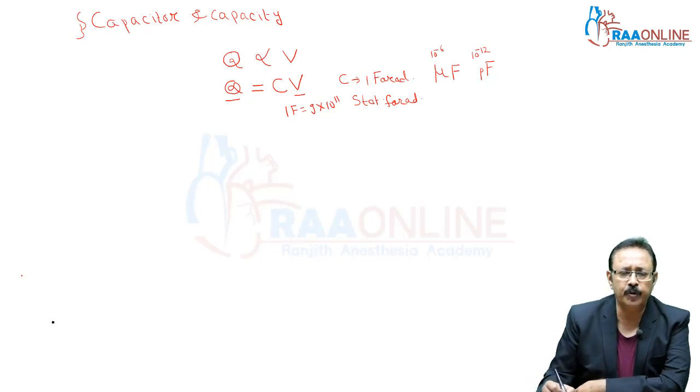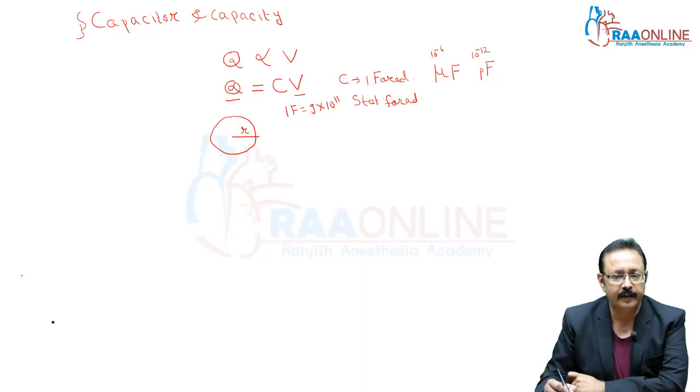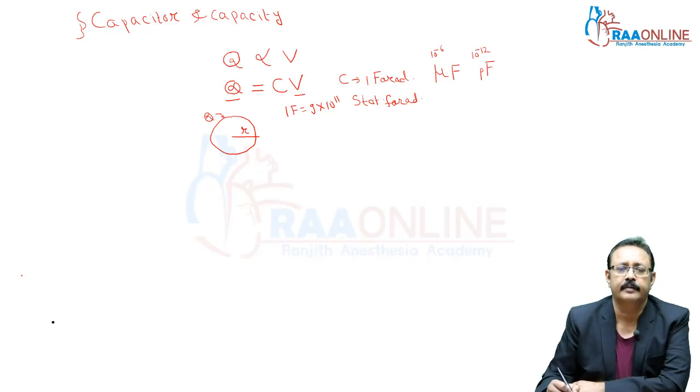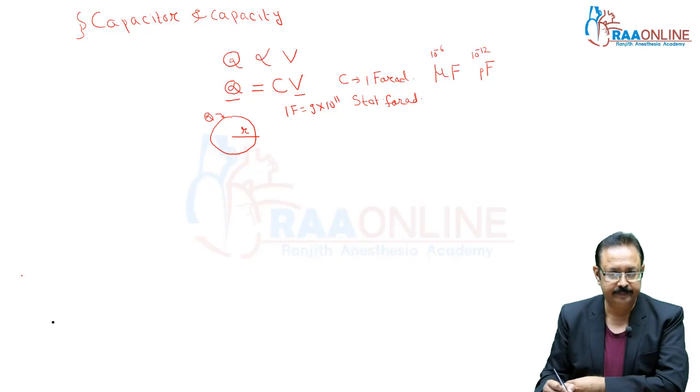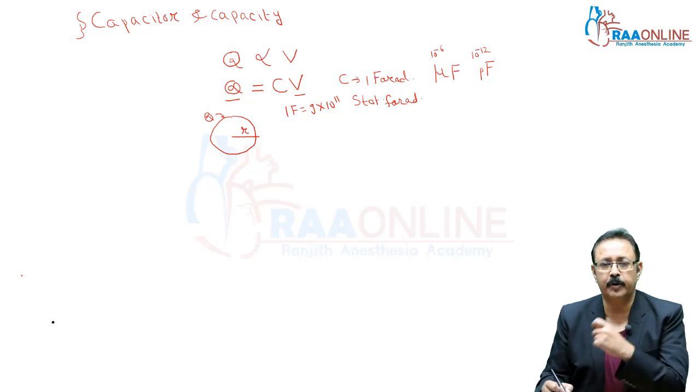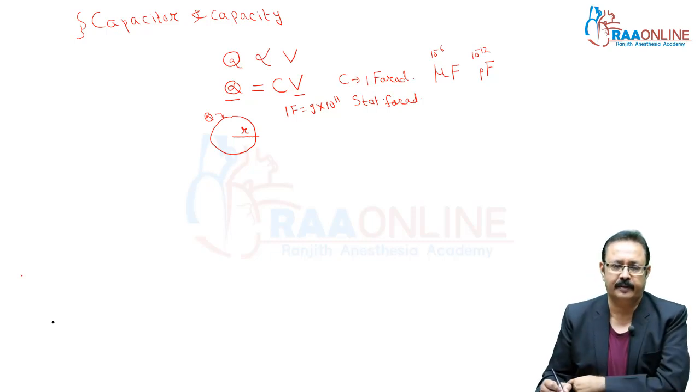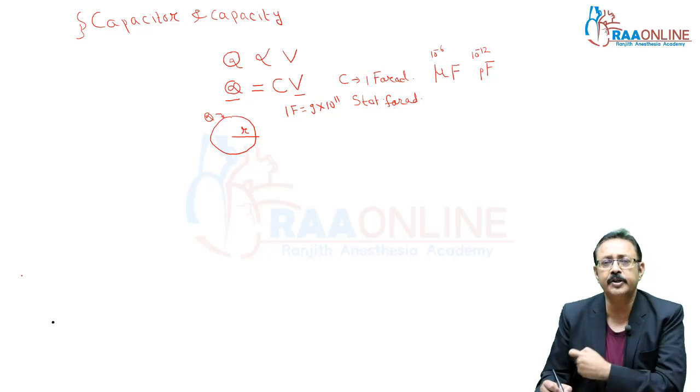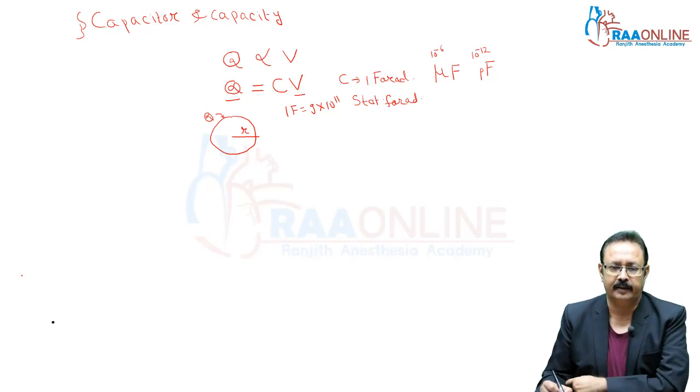Now if you have one conductor of radius r, what should be its capacity? We know that if we supply Q charge to this conductor, its potential will increase. And what is the potential of this conductor?